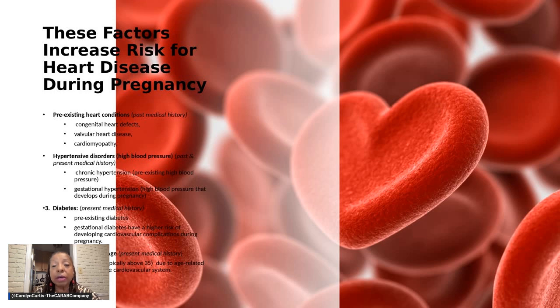If you have diabetes, if you currently have diabetes, or if you had diabetes in a previous pregnancy, these are risk factors for cardiac disease in pregnancy. And also if there's been a history of preeclampsia.